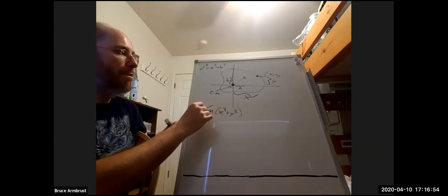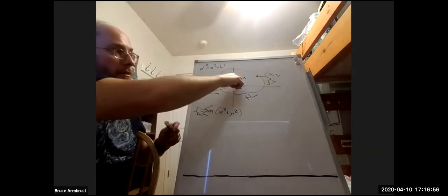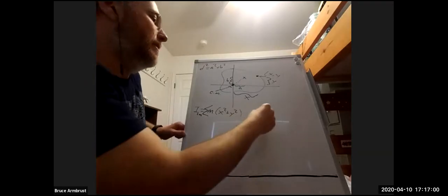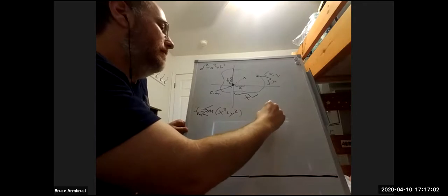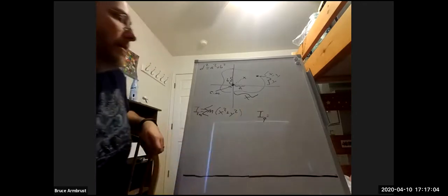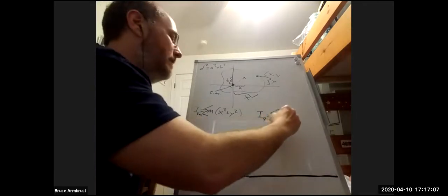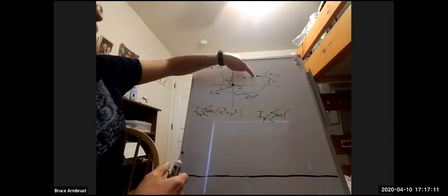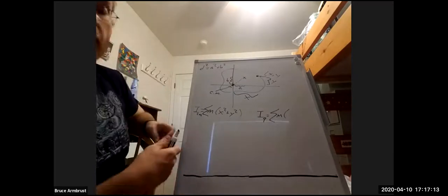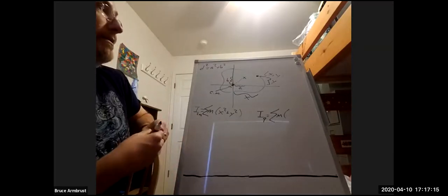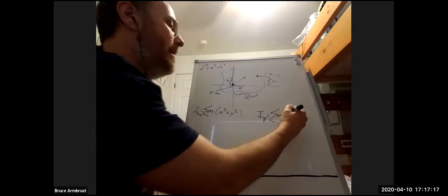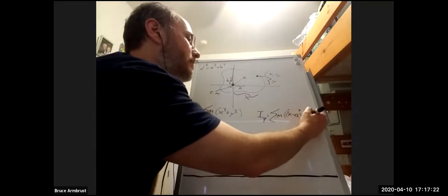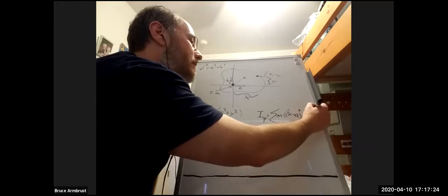So now, let's look about the other axis. For that one, we call it I P. It's going to be the sum, again, of the mass chunk times the distance to this point squared. For that one, we have to use the distance formula. So what we're going to get is x minus a squared plus y minus b squared.